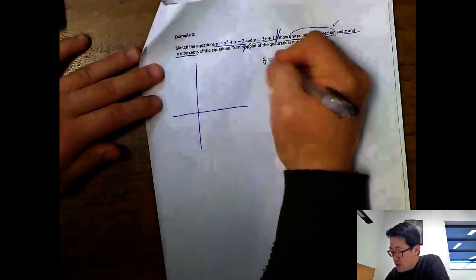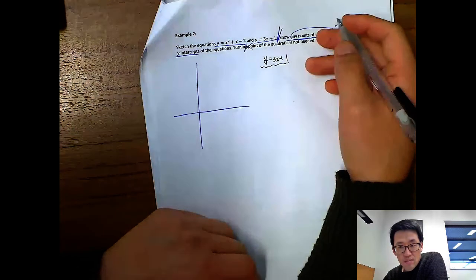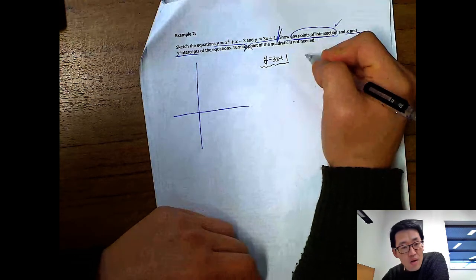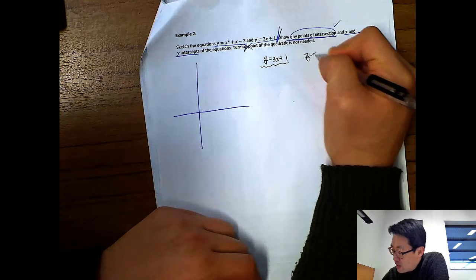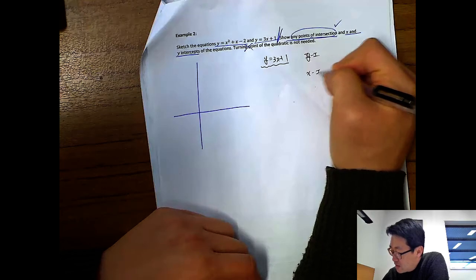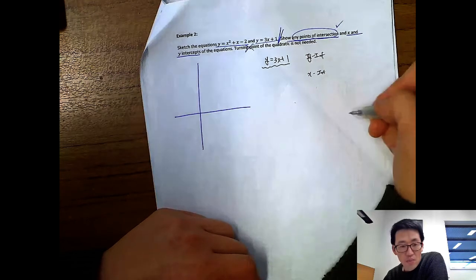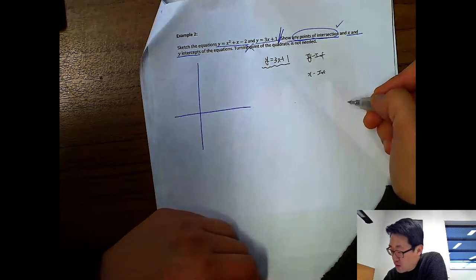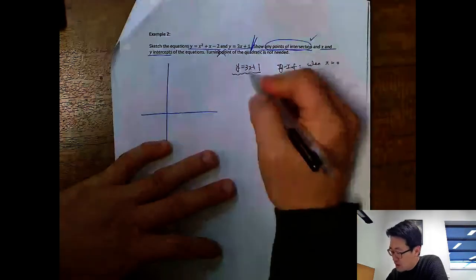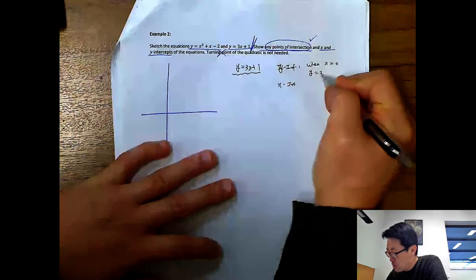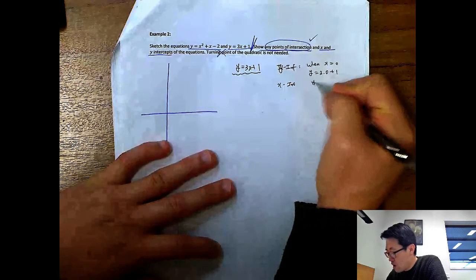Let's do the linear first, y equals 3x plus 1. If you want to draw a linear graph, hopefully you remember what you need: 2 points, the y-intercept and the x-intercept. One point each, isn't it? Then we can draw one straight line. The y-intercept is when x equals 0. When x equals 0, y equals 3 times 0 plus 1, so y equals 1.